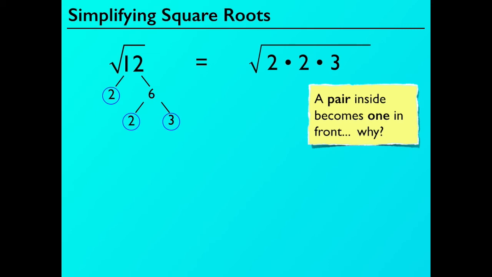Anytime we have a pair inside the square root, we know that is a perfect square. So I know the square root of 2 times 2 is equal to 2. So the 2 can go on the outside. So our simplified version is 2 times the square root of 3.